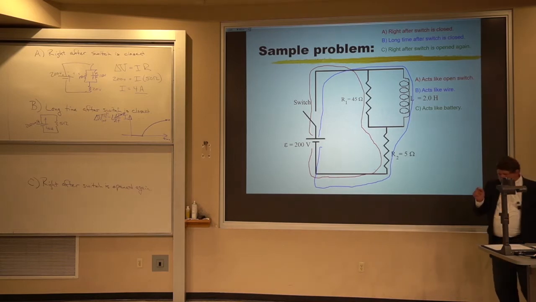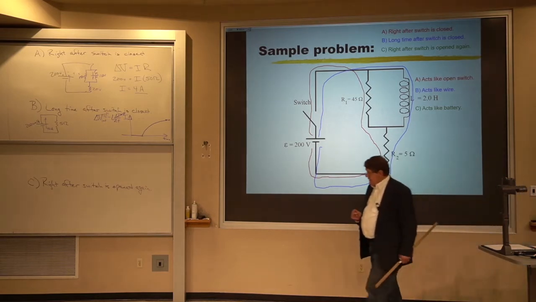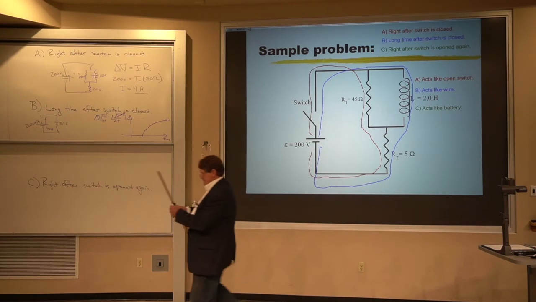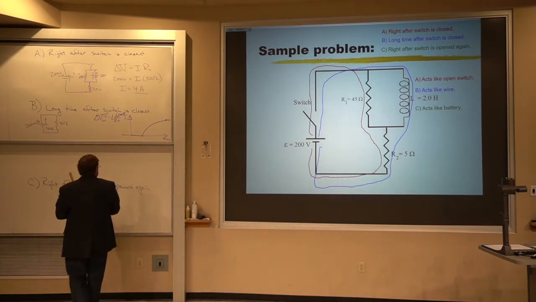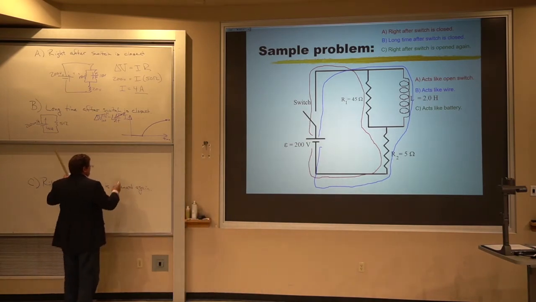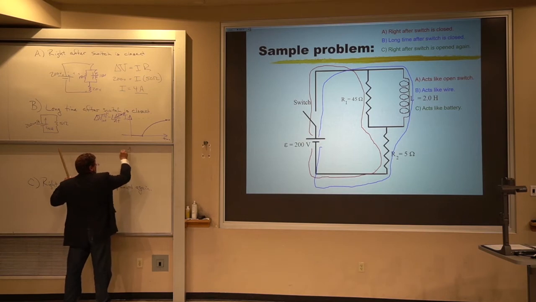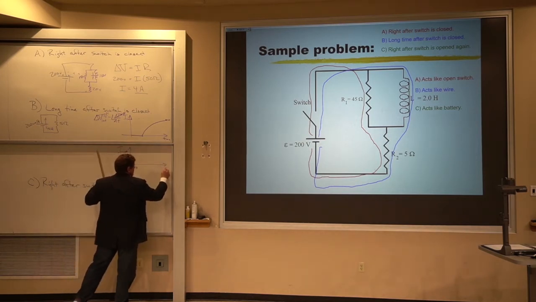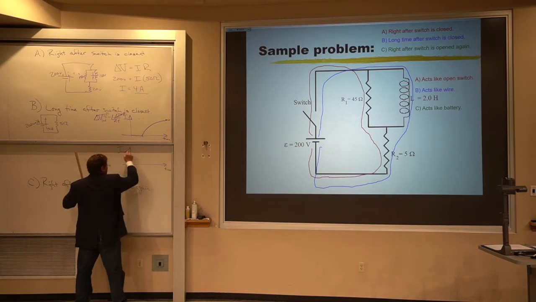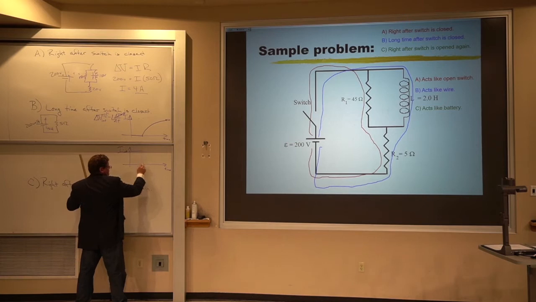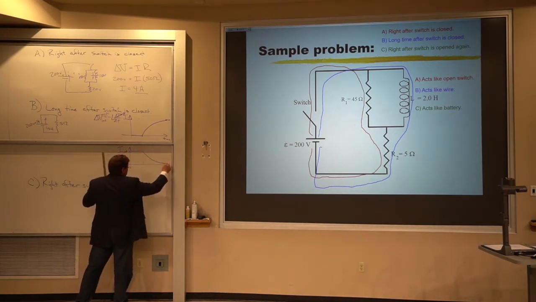Well, the one thing that you can't change instantly in an inductor is the current. Again, if I plot the current through the inductor as a function of time, if I open the switch, I can't just drop down to 0 current. I've got to ramp down slowly.